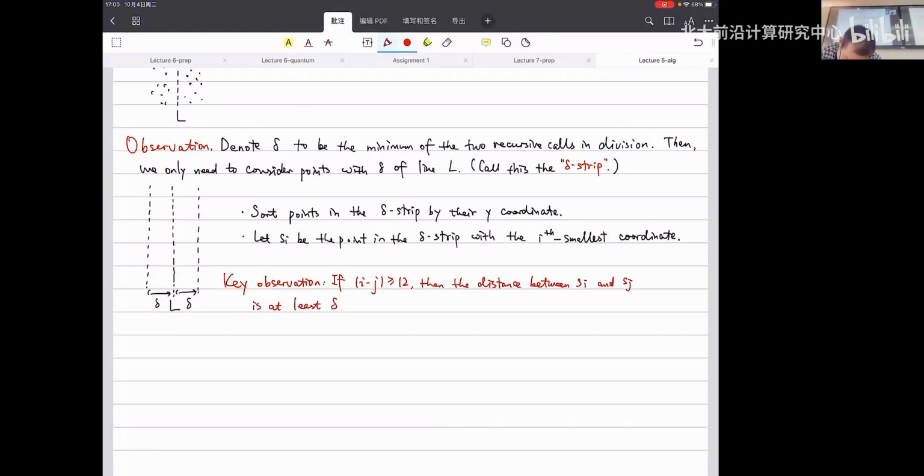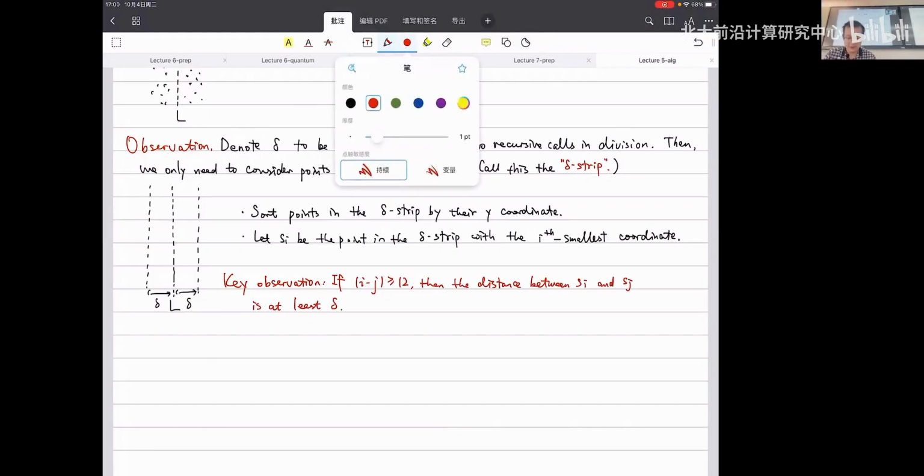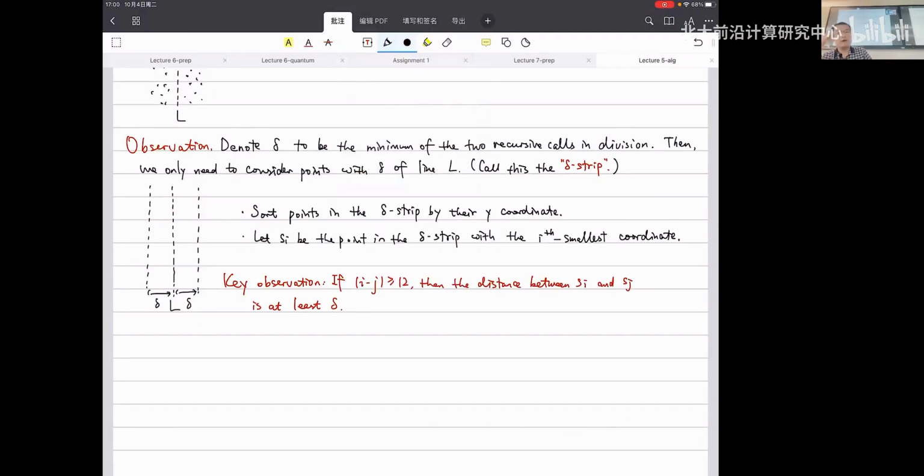So we are turning the intuition I just mentioned into something rigorous, with a constant here. As long as the points are sorted according to the y coordinate, and the corresponding indices differ by at least 12, then we are good. We don't need to worry about such pairs.